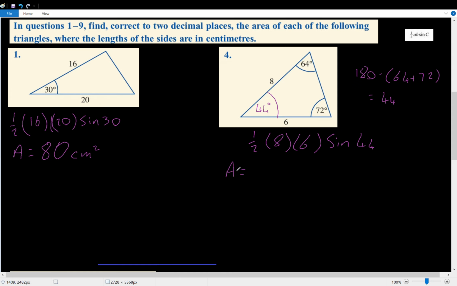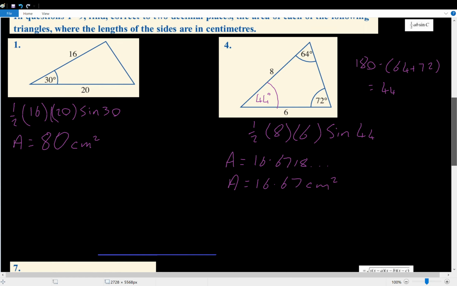And again, that's going to go straight into our calculator. And we're going to get 16.6718... But you notice the question said correct to 2 decimal places. So in this case, our area is going to be equal to 16.67 centimeters squared. Like that. So that's how we would use the 1/2 ab sine C formula.